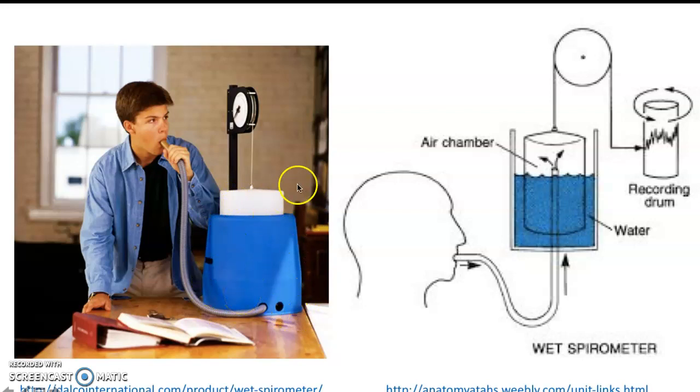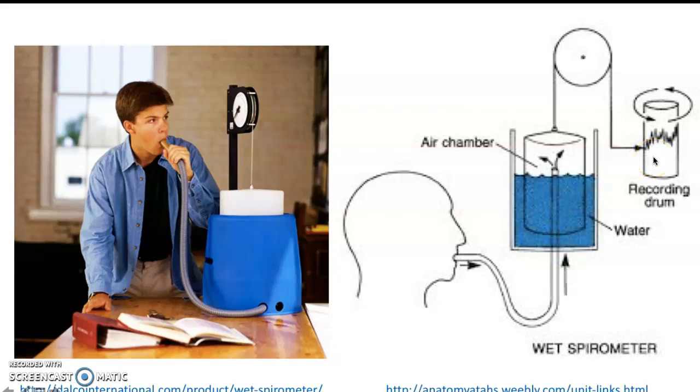If we look at a diagram over here, we can see that as he blows air into the air chamber, we displace the water that's in the air chamber, and that's going to cause this air chamber to move up and down in the tank of water. If we had a simple recording device, like a pen on a piece of paper, attached to this drum, as the drum is moving up and down inside the chamber of water, then we could see that the pen would be displaced on the piece of paper as well.